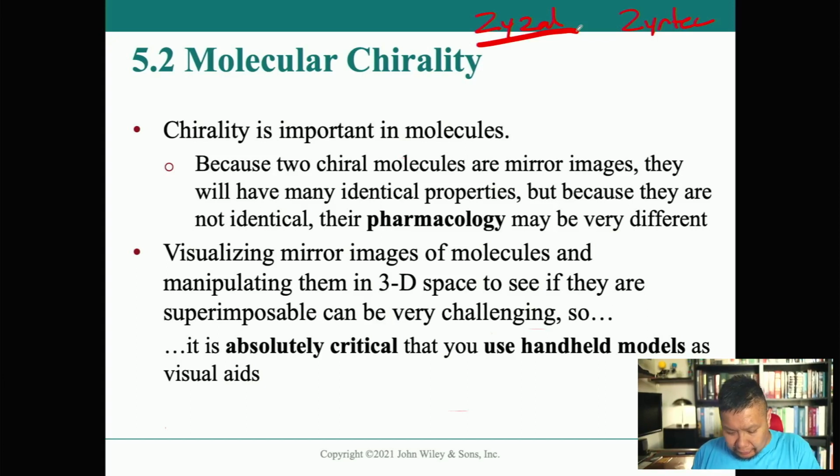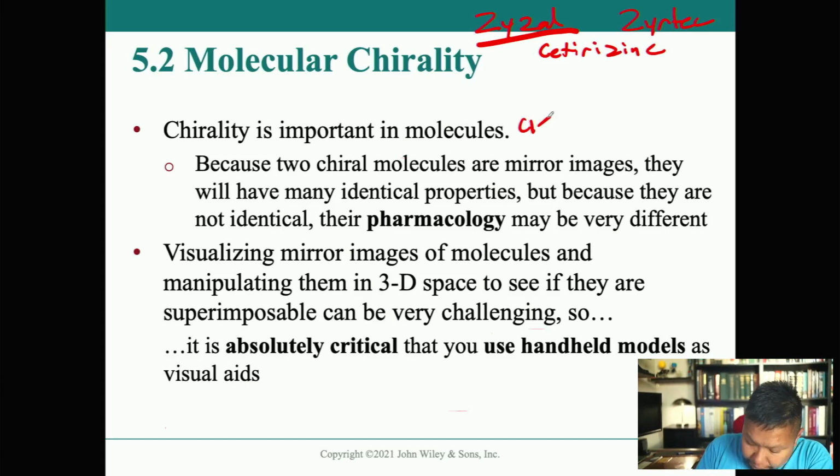So Zyrtec, the long-known allergy medication, is actually a molecule called cetirizine, and its structure looks like this.